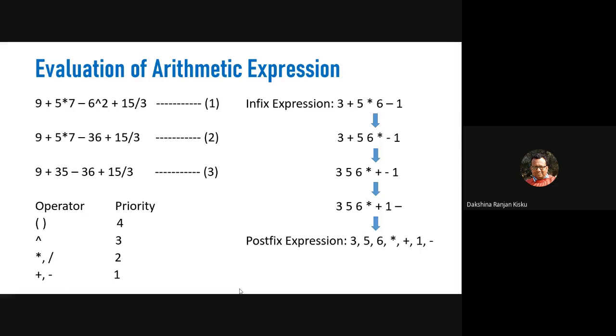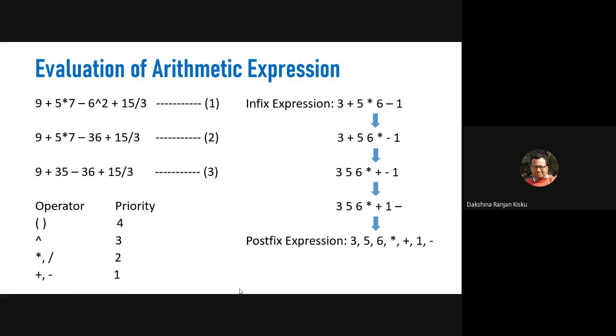That means the multiplication operator first needs to be moved. After moving it, the multiplication operator will be found after the operand 6, and then we see the subtraction operator, and then the operand 1. In the next form, there are two operators that need to be moved, the addition operator and the subtraction operator.